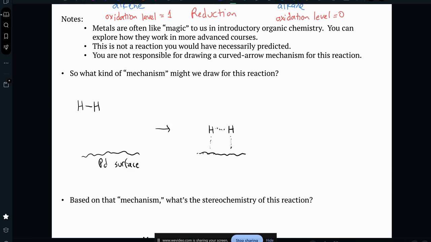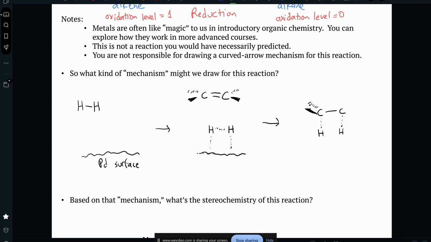So it connects to the surface, and then my alkene comes floating down, and essentially picks those two hydrogens up from that surface at the same time.